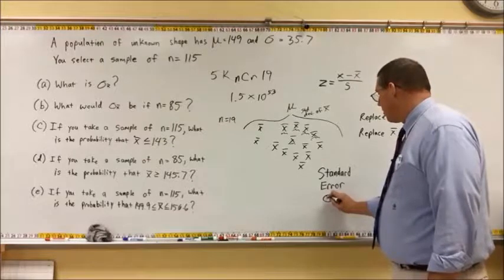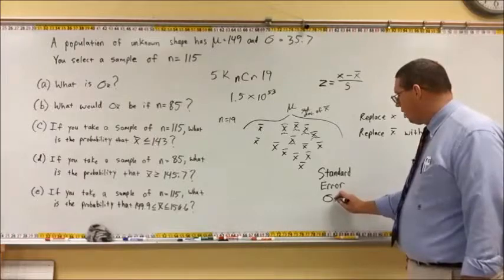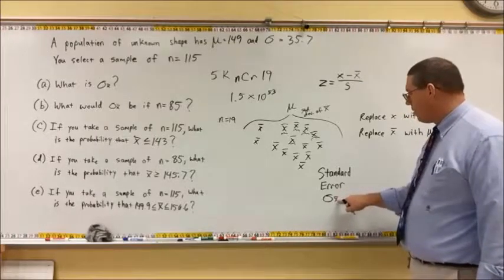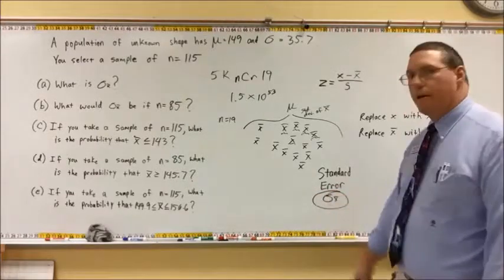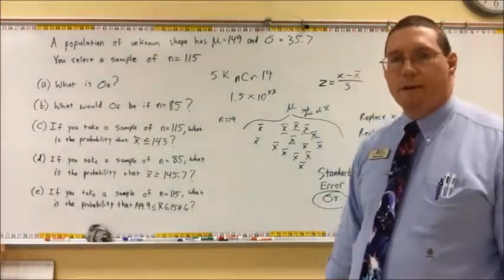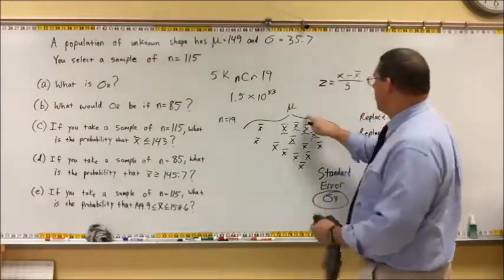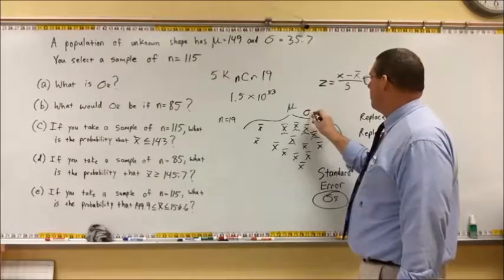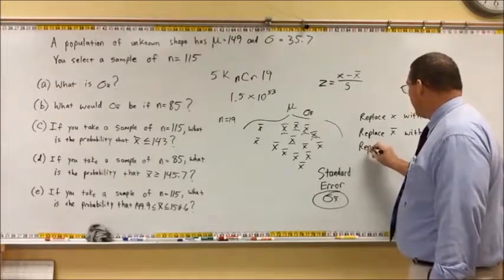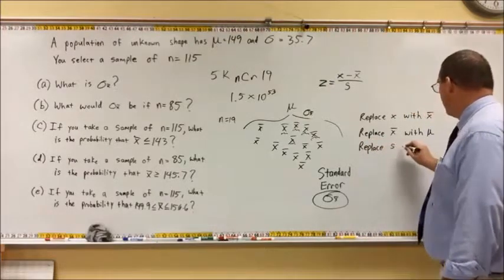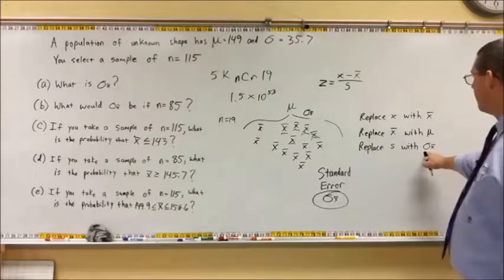Sigma is the standard deviation of a population. It's the standard deviation of x bar, the sample means. So we do sigma sub x bar, and it's called the standard error. So instead of having s here, we have sigma sub x bar. We have the standard error.